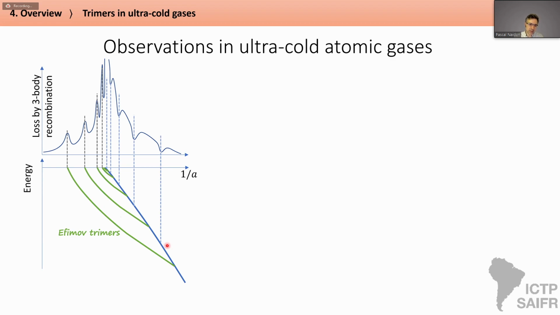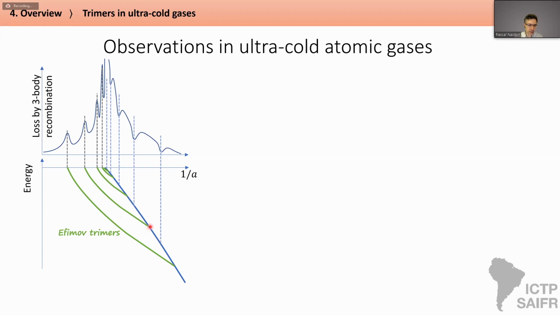These dimers, as you recall, are halo dimers, so they are very excited, very large dimers, and when they collide with another atom, they can relax into some more deeply bound three-body states.